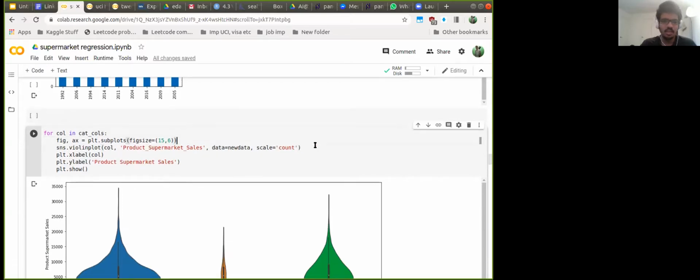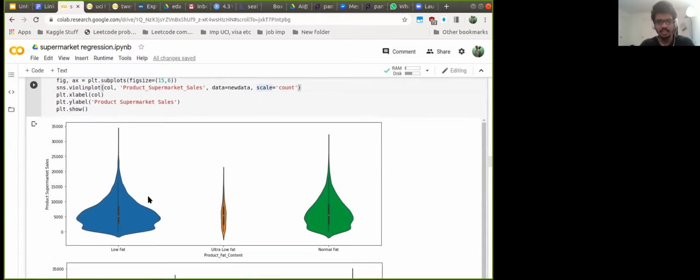What I've written here is really important: I've scaled them by the count, which means the width represents their frequency.